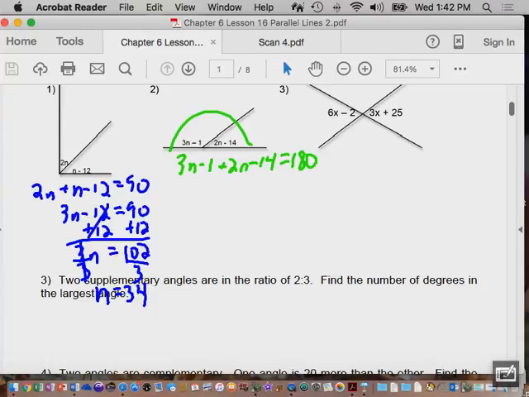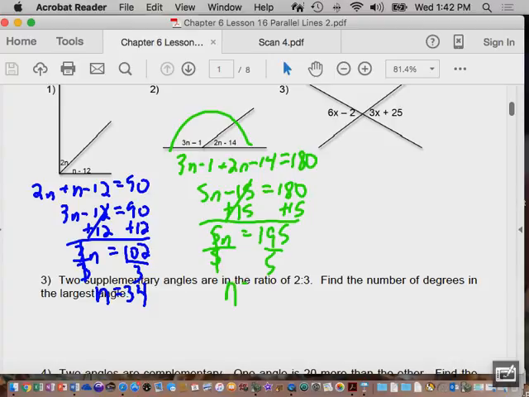Same side. 3n plus 2n is 5n. Negative 1 and negative 14 is negative 15, equals 180. Add 15 to both sides. 5n equals 195. Divide by 5. n is equal to 39. Okay?